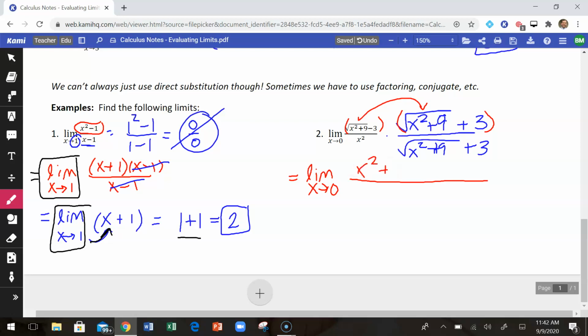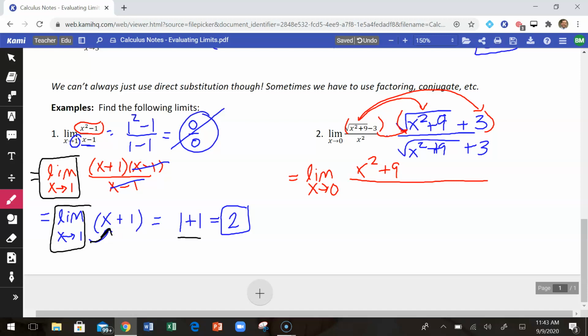Well, that's just going to give me x squared plus 9 because the square roots would cancel. Your outside is going to be 3 times that. Your inside is going to be negative 3 times that. So those two things will cancel each other out, and I don't need to write that, right? Remember, with conjugates, the middle two terms of that FOIL process will always cancel out, so you can kind of just ignore that.